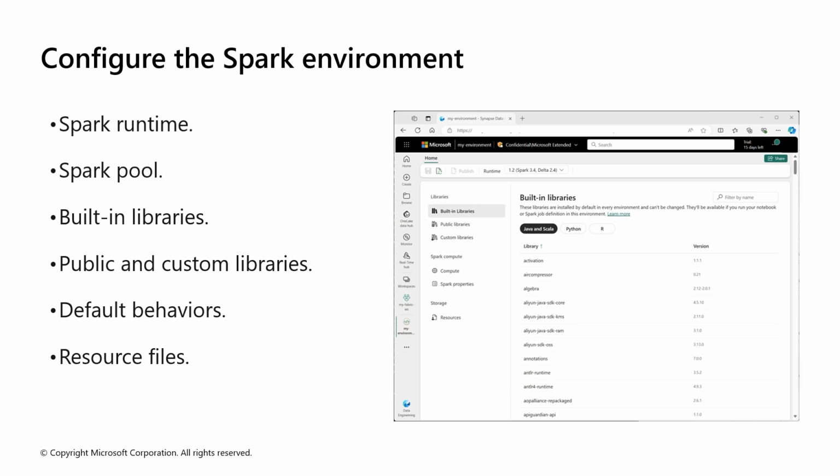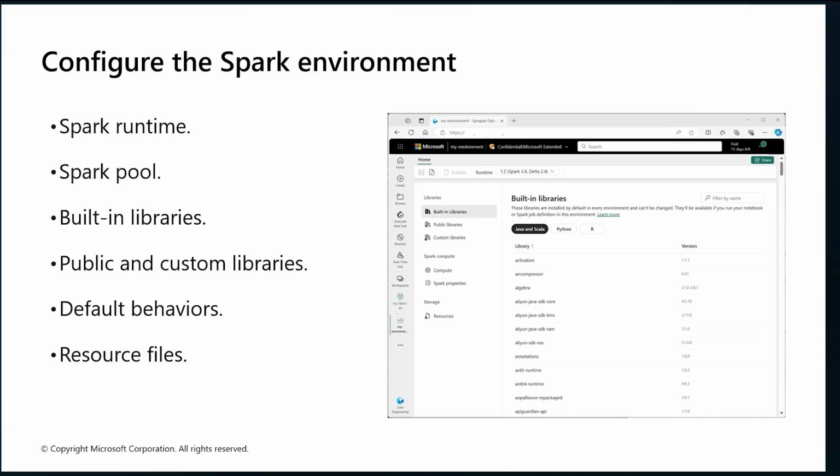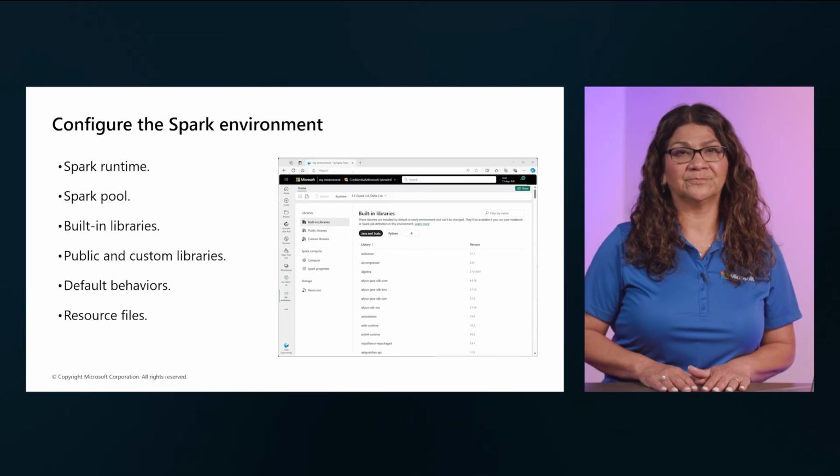You can install specific public libraries from the Python package index and custom libraries by uploading a package file. You can specify Spark configuration properties to override default behavior and load resource files that need to be available in the environment. After creating at least one custom environment, you can specify it as the default environment in the Workspace settings.